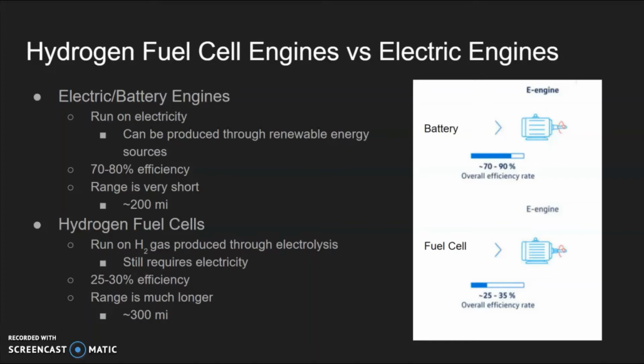Studies from Volkswagen have found that a hydrogen fuel cell uses less electricity than a battery-powered engine uses. So hydrogen fuel cells may be a viable alternative to gas engines and electric-powered engines for the purpose of combating climate change.